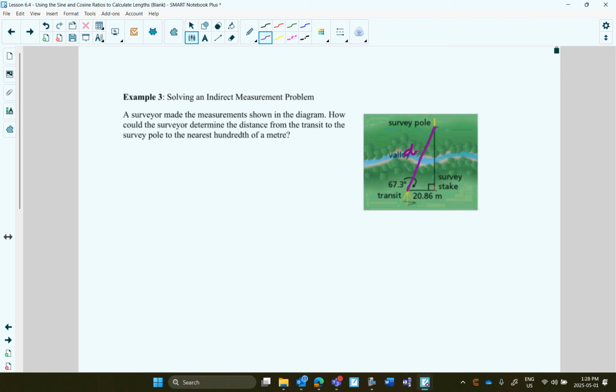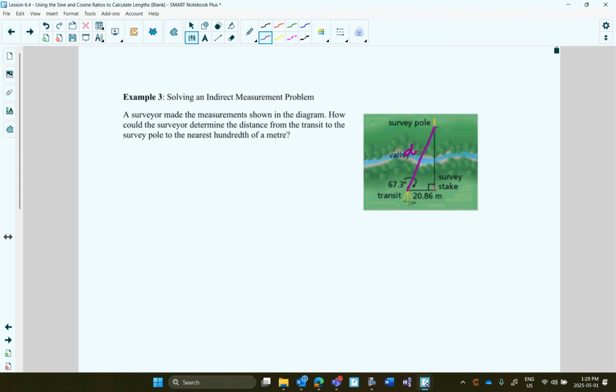Can somebody come up with the equation? First of all, you've got to figure out which of the trig we're using. Well, in this lesson, we're using sine or cos. So remember, you've got to go to the angle. You've got to figure out the name of the side that we're trying to find, and the name of the side that we're given.